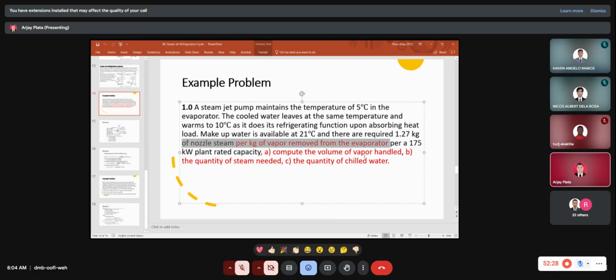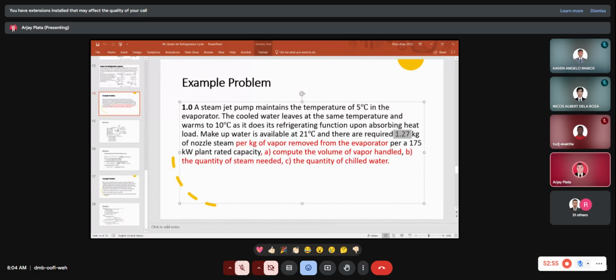So we have information about the makeup water temperature and the specific volume of steam per kilogram of water vapor removed from the evaporator. So we have a mass flow rate of makeup water.